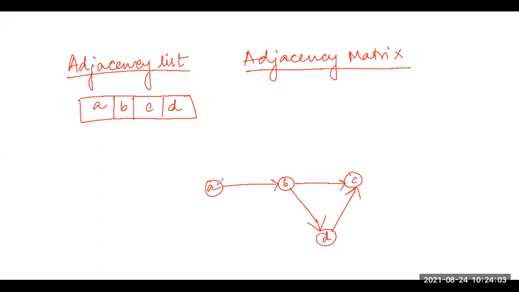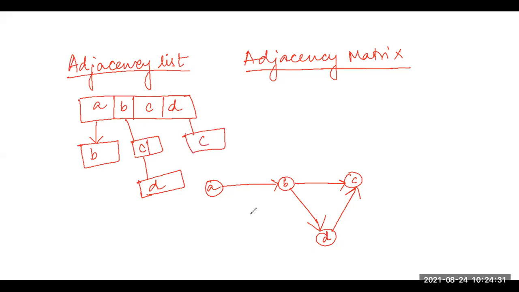Then from which node to which node I may reach, I will indicate that. From B I may reach C, and also from B I may reach D. Then from C, I cannot reach anywhere, but from D, I may reach C. So this is the way.